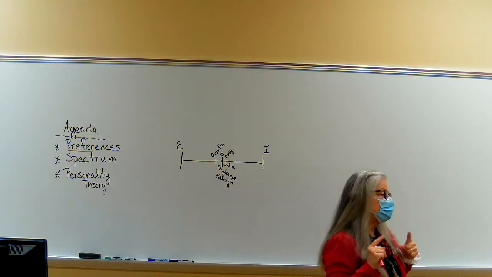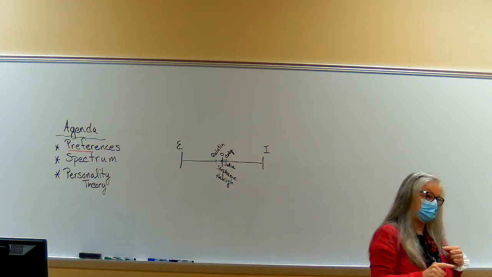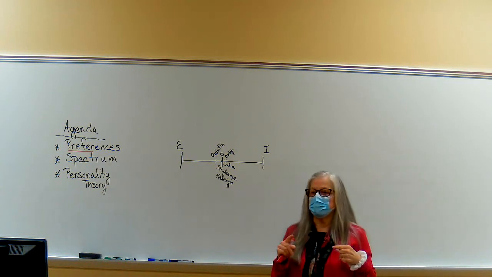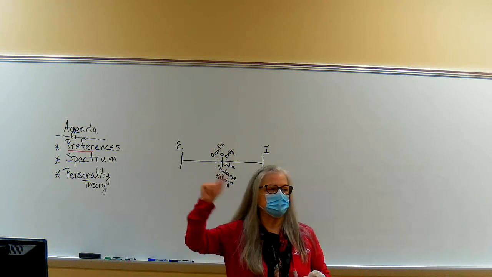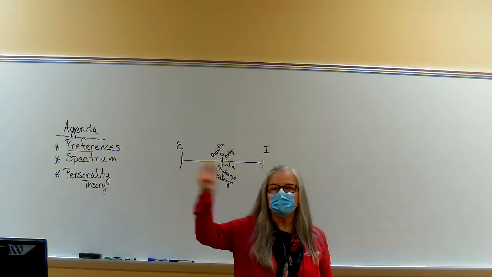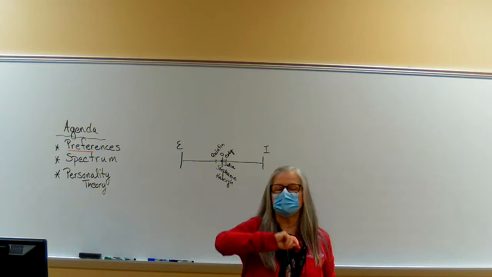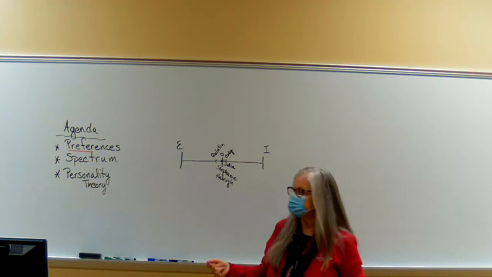It also means that even on a subconscious level, there are going to be times when you just naturally go to one type of behavior, all right? You don't think about it, it's just what you do, and there's a whole lot of reasons behind that.